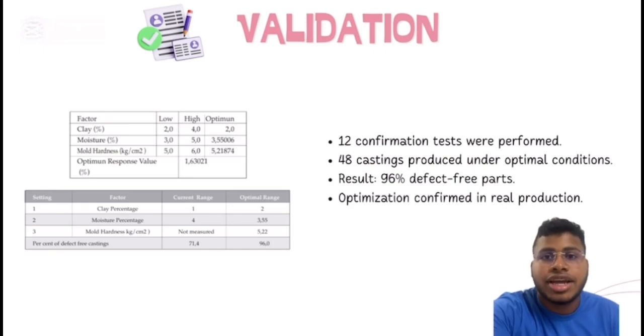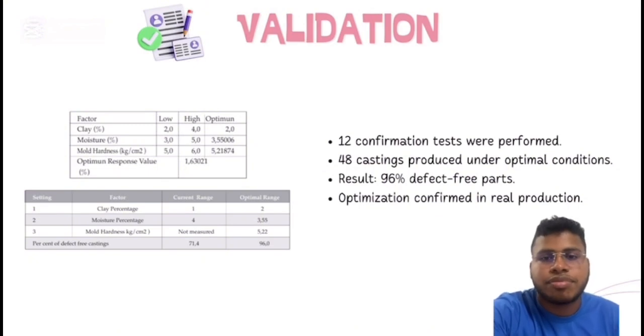A total of 48 new castings were produced, and the result was very positive. 96% of the castings were completed defect-free. This high success rate proves that the optimized parameters truly work in real operating conditions and can significantly improve quality in the foundry process.